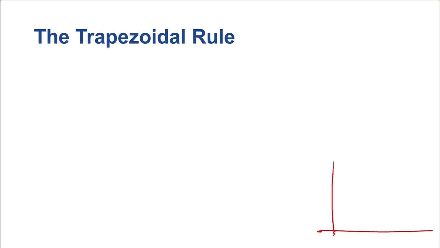So let's say we have a function. Let's say that's our function. And I have a here and b here. So we're integrating this and that. Now what we do for the trapezoidal rule, you may have guessed, is instead of doing tons of rectangles, we take discrete amounts of trapezoids to integrate.